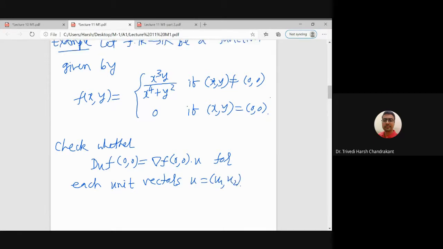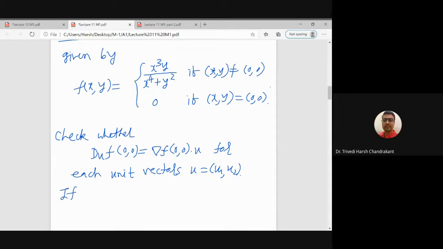In the previous example we had taken only one unit vector, related to (1, 1), so the unit vector was (1 by root 2, 1 by root 2). But for this example we need to take this condition for every unit vector, that means all vectors (u1, u2) such that u1 square plus u2 square is equal to 1.